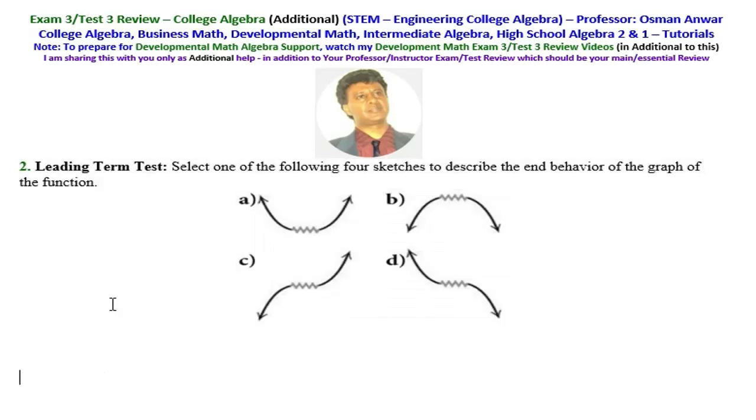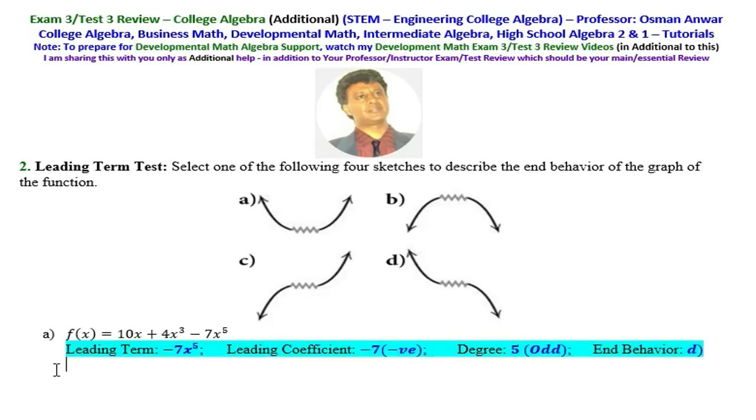Number 2, leading term test. Select one of the following 4 sketches to describe the end behavior of the graph of the function. A, f of x equals 10x plus 4x cubed minus 7x to the 5.